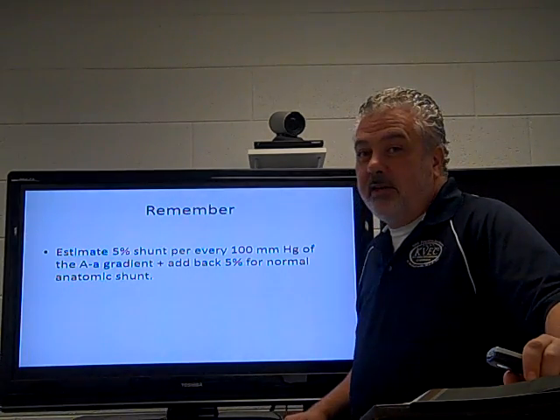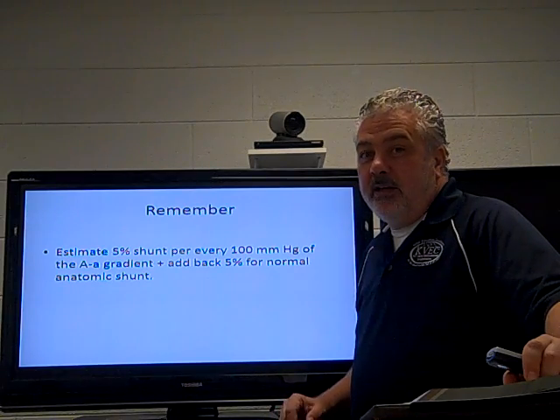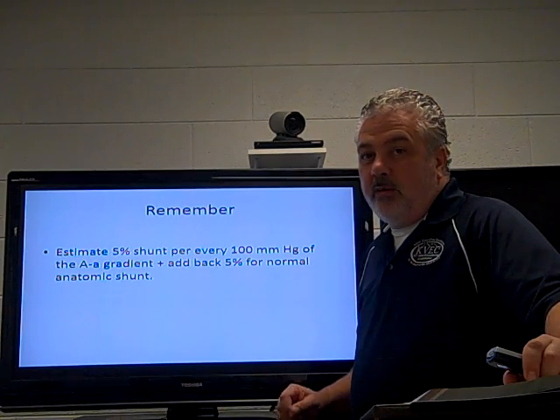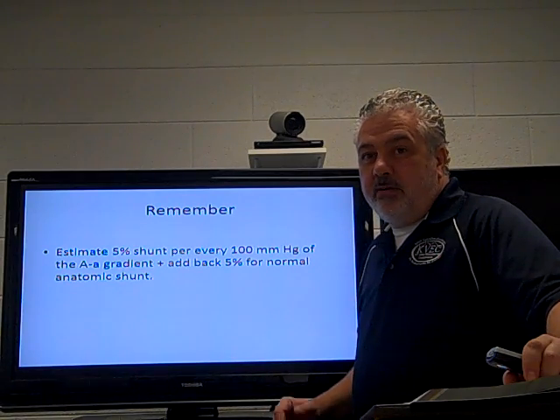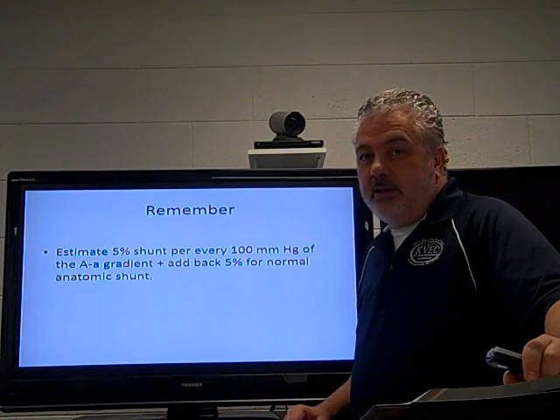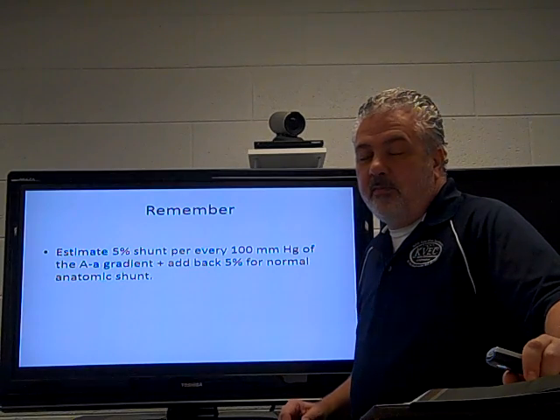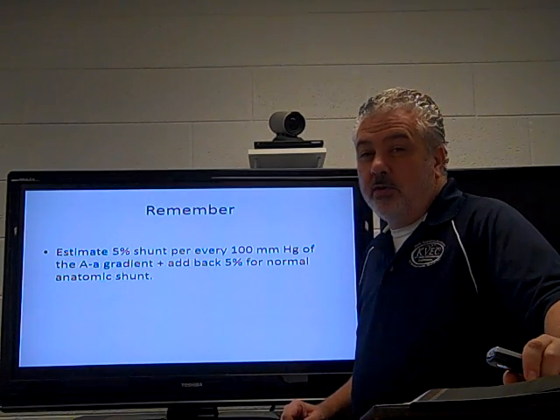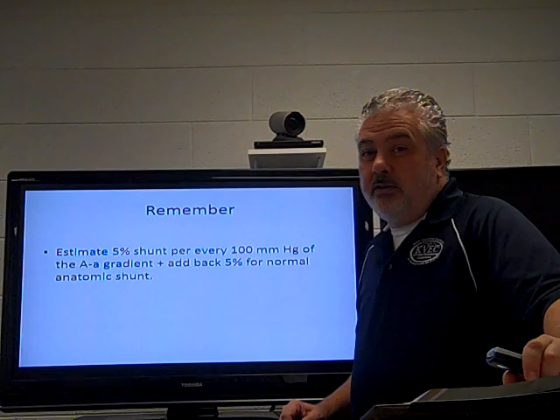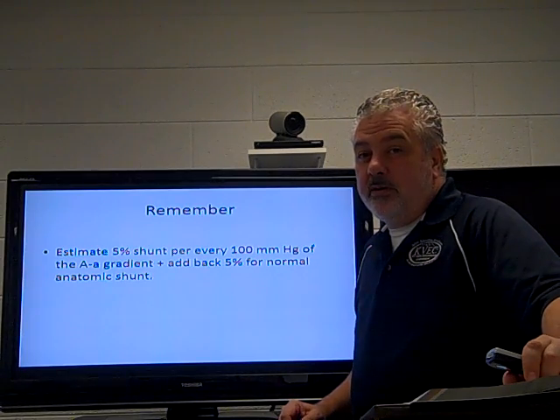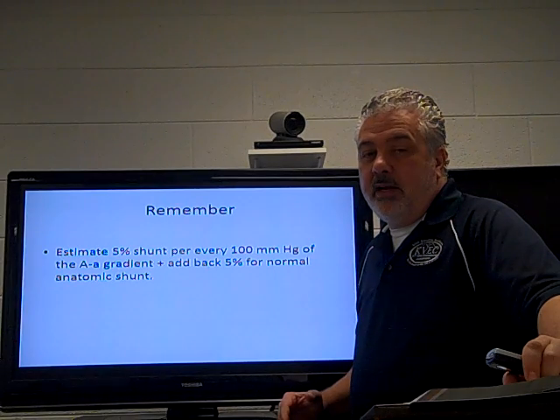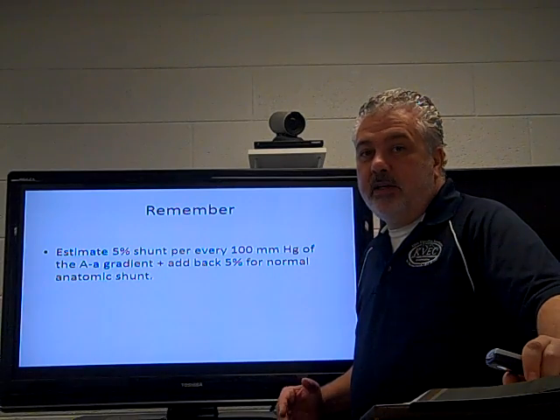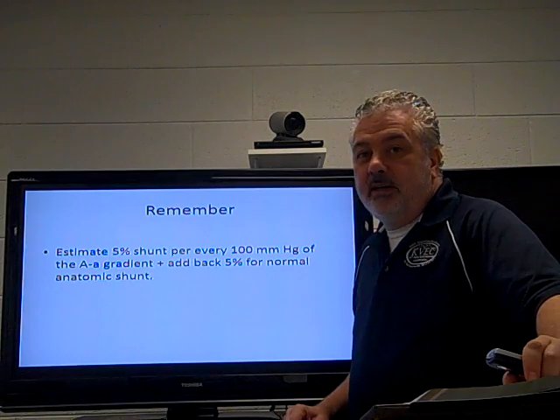Just a reminder that we use the A-a gradient to find the shunt percent by saying that every 100 of the A-a gradient is equal to 5% shunt, plus 5% added back for the normal shunt. Two critical numbers that you want to know here is that an A-a gradient of 300 is critical, and a QS/QT or shunt percent of 20% or greater is critical.